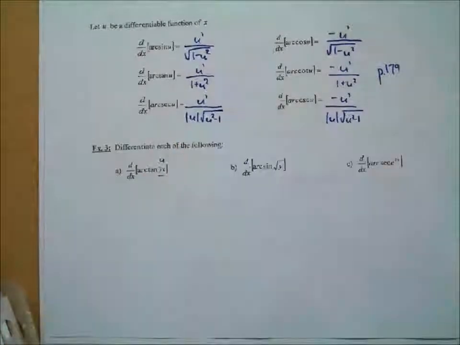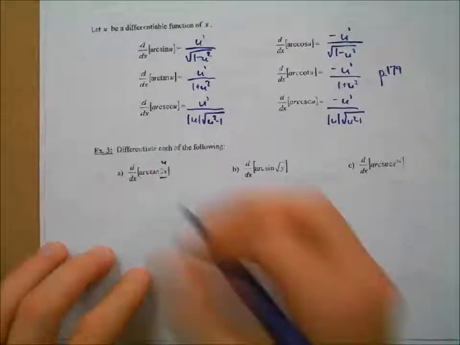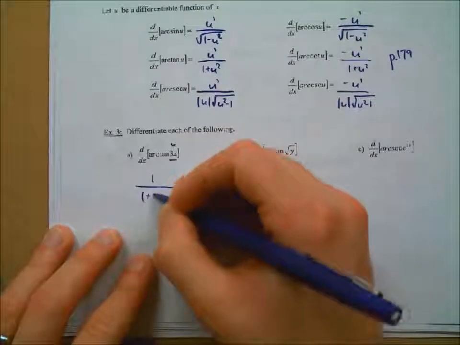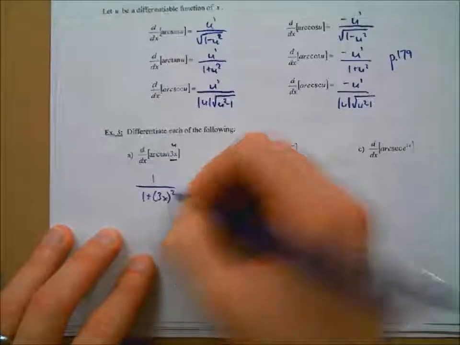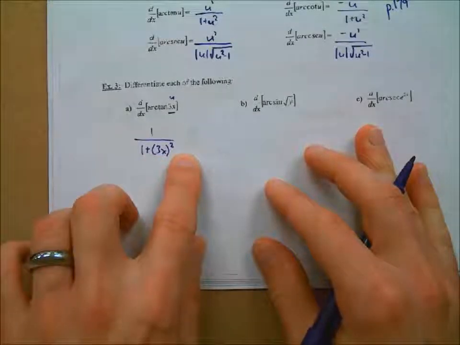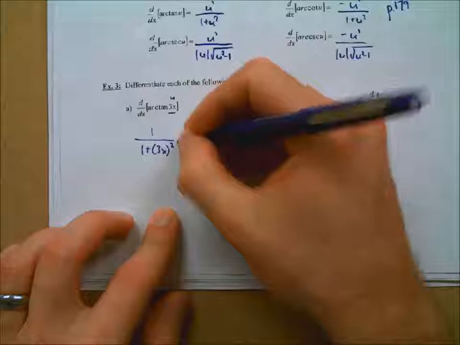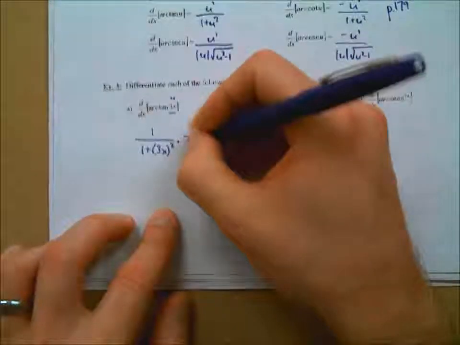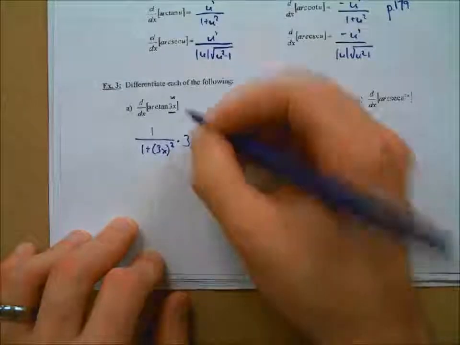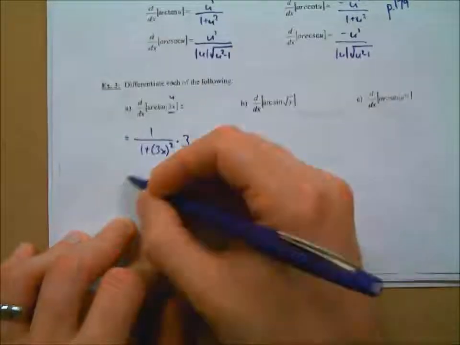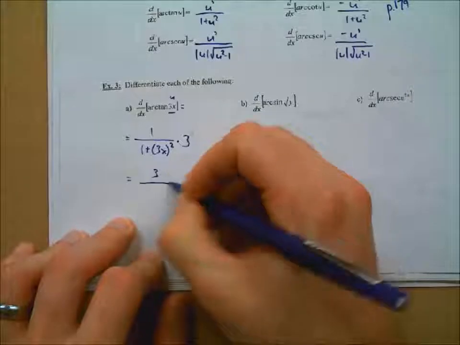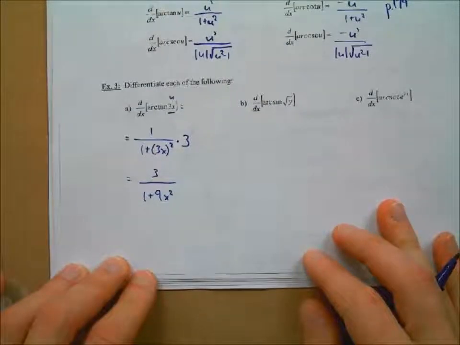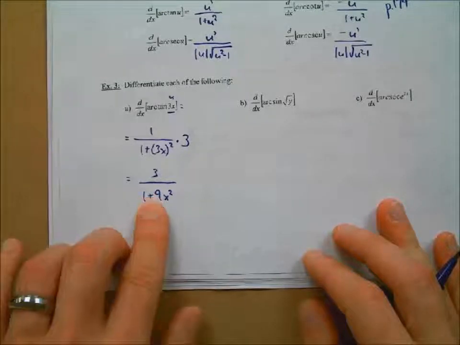And so when I go to take the arctangent, it's going to be 1 over 1 plus that u squared, so the 3x quantity squared, times u prime, which is just what? 3. So we end up with 3 over 1 plus 9x squared, if we simplify. Again, this is a perfectly fine answer.